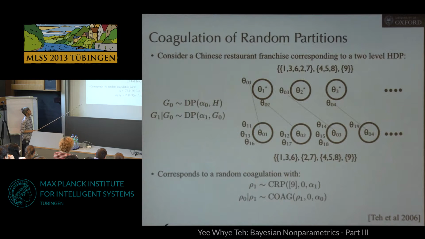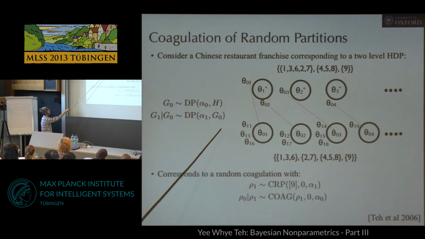So if you think about a hierarchical Dirichlet process, and let's say that you only have two levels in your hierarchy, and in fact you only have two Dirichlet processes in here, we have G0 drawn from a DP, and then G1 drawn from a second DP where the base distribution is given by G0. Okay? If you think about the underlying combinatorial structure that corresponds to this hierarchy of DPs, it actually looks like a coagulation process. And you can think of it in the following way.